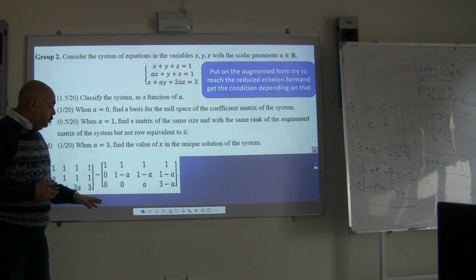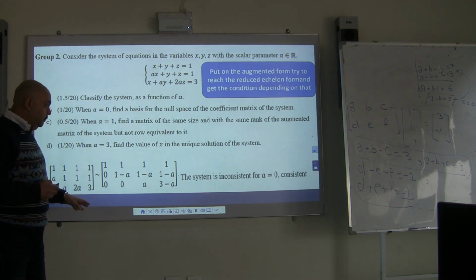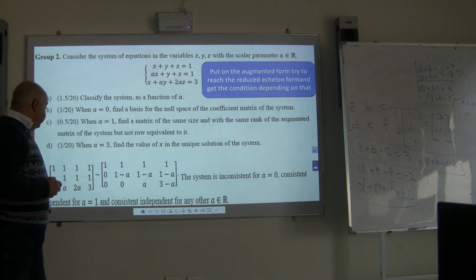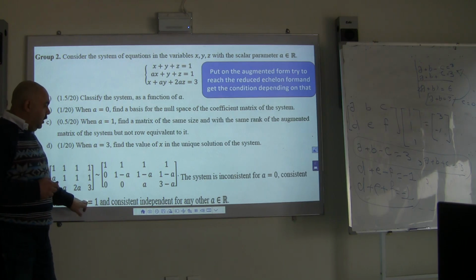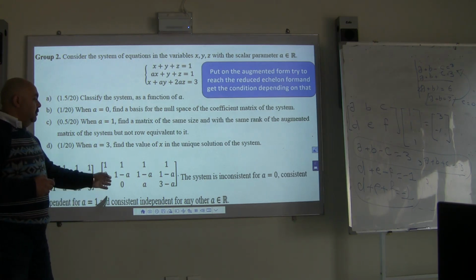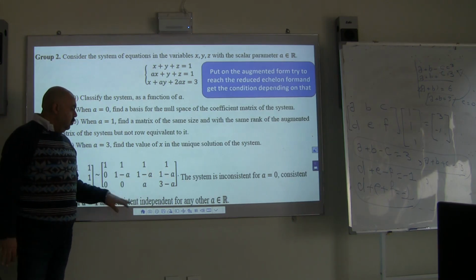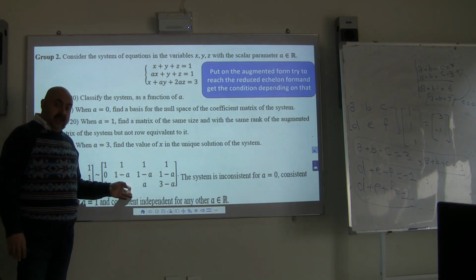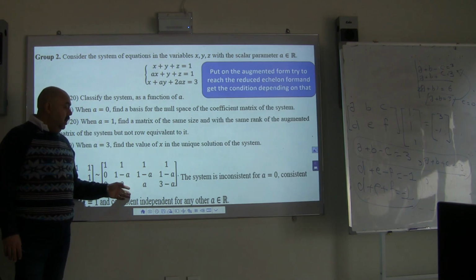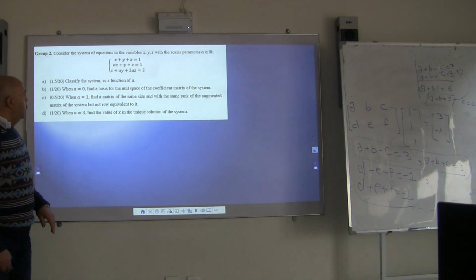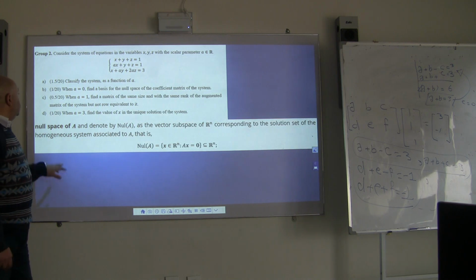So they are not going to be equal to each other, and you will have no solution. Dependent: if A equals 1, you will have a dependent solution. This is going to be a complete 0 row, so the ranks of the A matrix and the augmented matrix will be 2, and then you will end up having an infinite number of solutions.